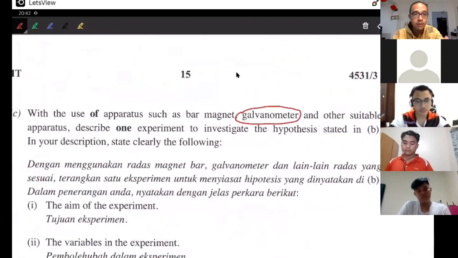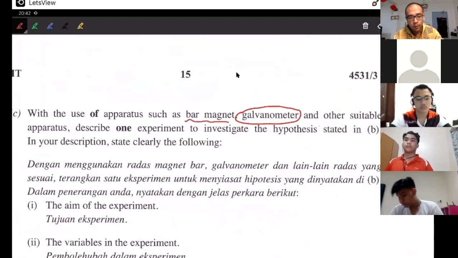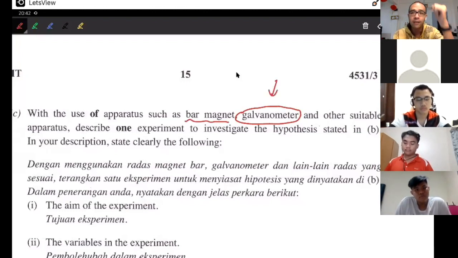Because in the SPM syllabus, not many experiments use a galvanometer. I think only the electromagnetic induction experiment uses a galvanometer. The rest will use a voltmeter, ammeter, and so on. Bar magnet has a lot of experiments, but when you see a galvanometer, this is probably the electromagnetic induction experiment.